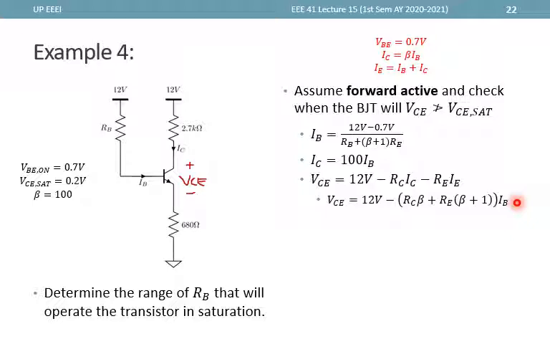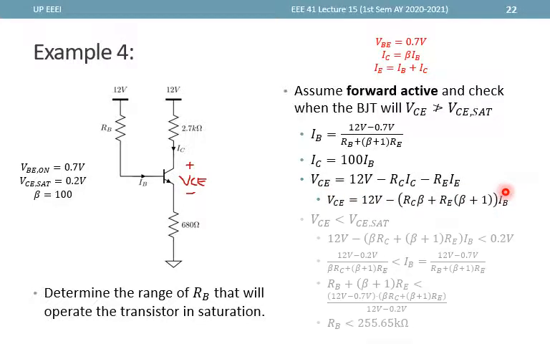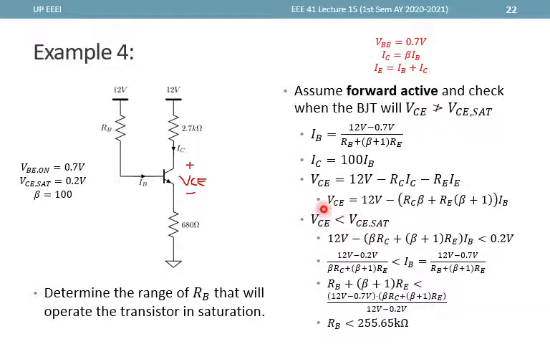So we have this expression here for VCE, and we need to get the range such that VCE is less than VCE SAT. So VCE is this whole term here, which must be less than 0.2 for it to be in the saturation region.